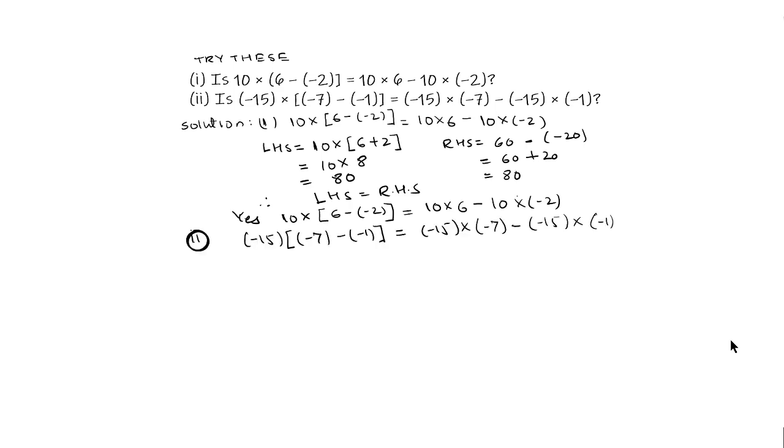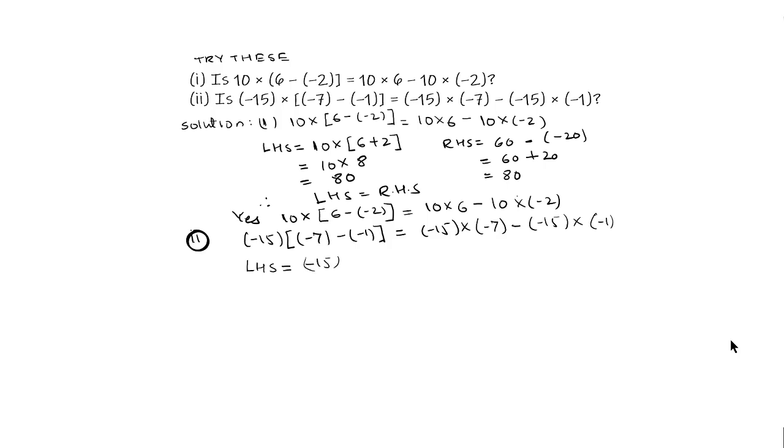Minus 15 into within bracket minus 7 minus minus 1 bracket close equal to minus 15 multiplied by minus 7 minus minus 15 multiplied by minus 1. So we take LHS and solve this.